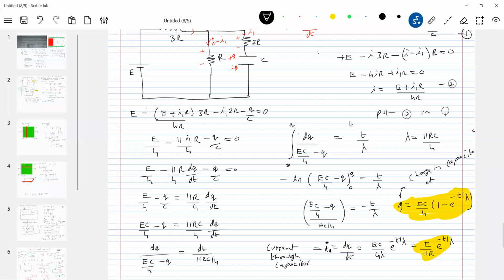Charge in the capacitor at time t. And what is the steady state charge? EC by 4. And somehow if I can bring the steady state charge and lambda, and I know it's exponentially increasing, I can directly write the equation. I can avoid all this mathematics.